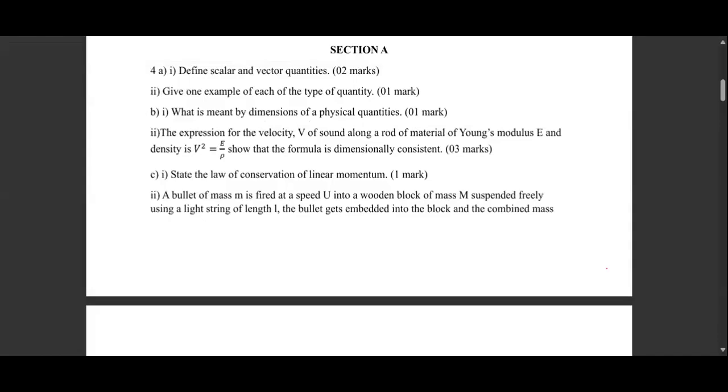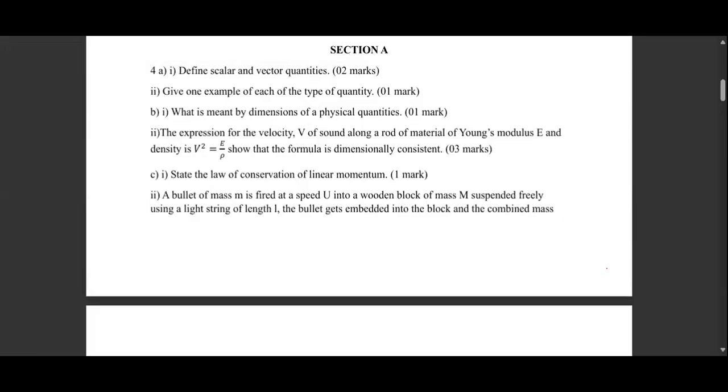So the first question is asking us to define scalar quantities and vector quantities. Scalar quantities are quantities which have only magnitude and no direction, whereas vector quantities are quantities that have both magnitude and direction. Examples of scalar quantities include distance, speed, time, and mass of a body.